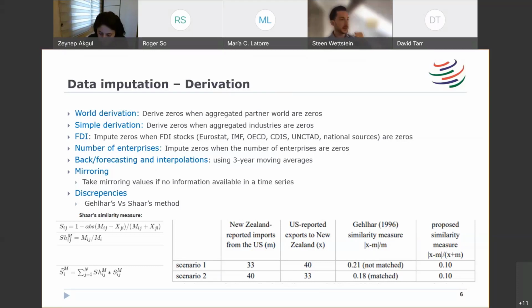But here, in terms of discrepancies between the two flows, whenever we have both inward and outward values, we see that sometimes we can have some quite large discrepancies. So the idea was to find a solution to correct for this. What is usually done in the trade literature is that, for example, the Gaulier paper tries to reconcile import and export data, and they develop a methodology on how accurate the reporting is.